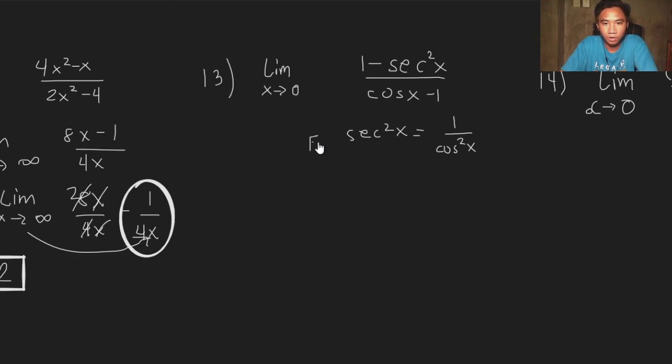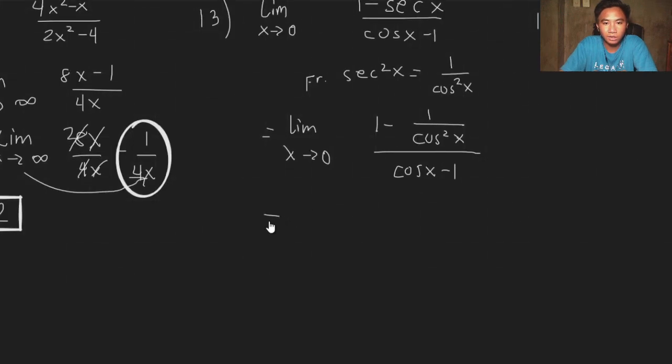So, substitution, the limit as x approaches to 0, 1 minus 1 all over cosine squared x all over cosine x minus 1.